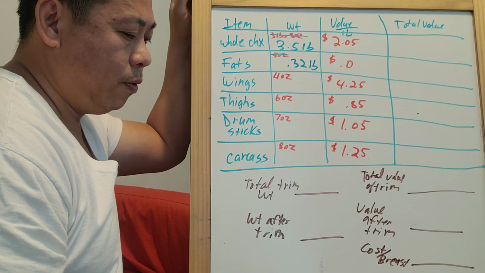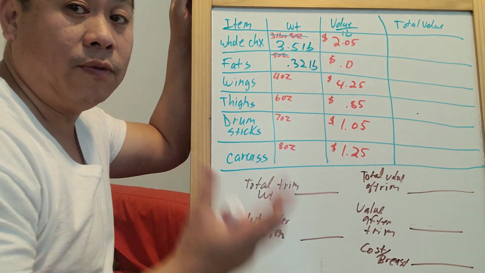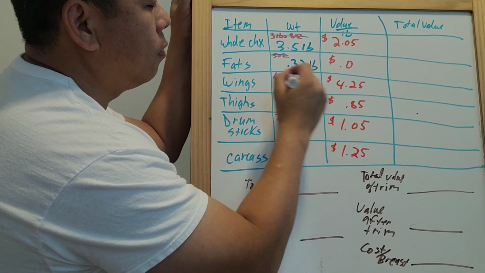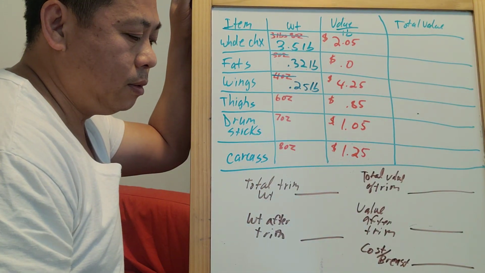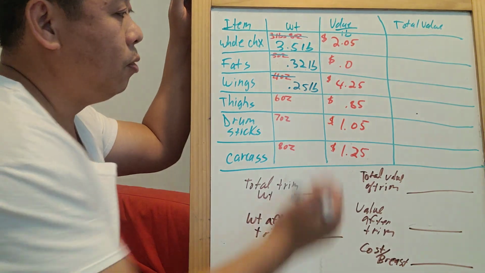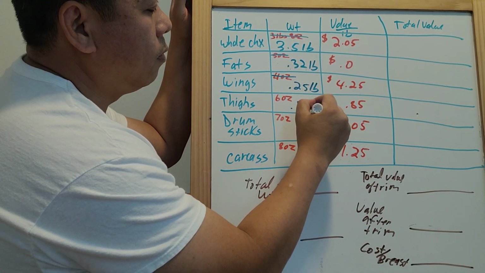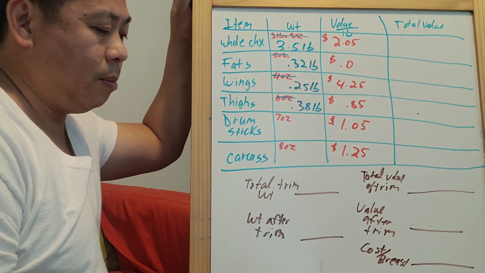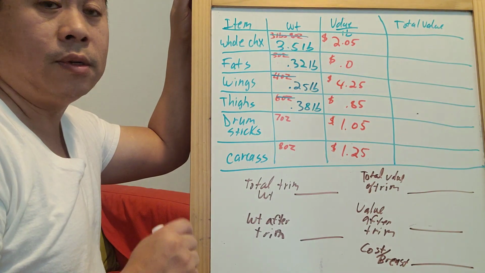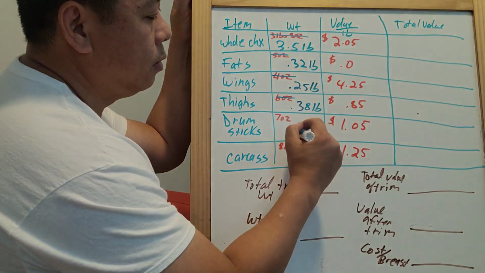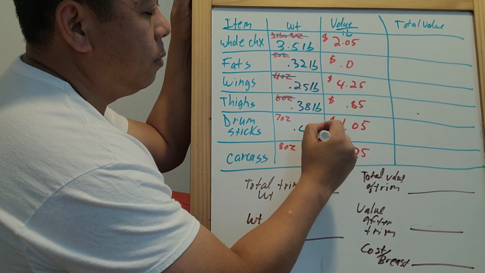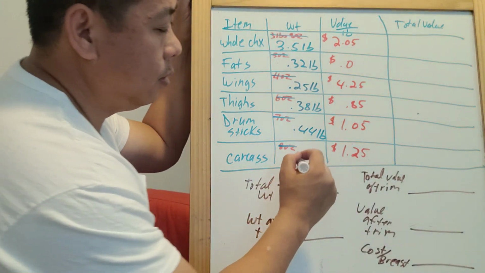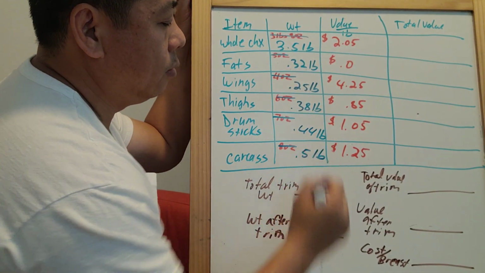The 4 ounces divided by 16 will give you a quarter, which is 0.25. 6 ounces divided by 16 will give you 0.38. 7 ounces divided by 16 will give you 0.44 pound. And we know 8 is half of 16, so this is half a pound.